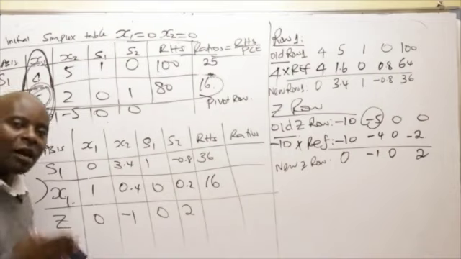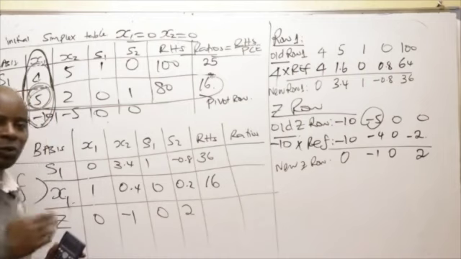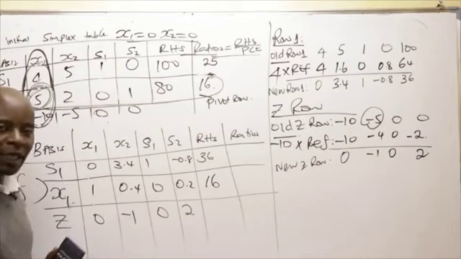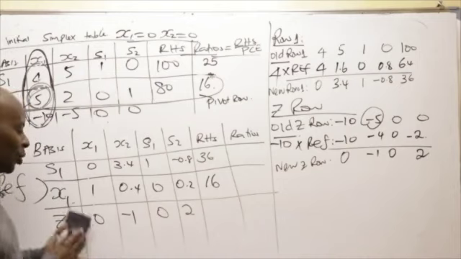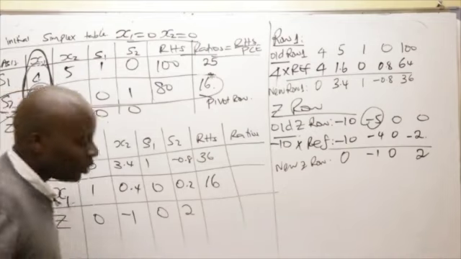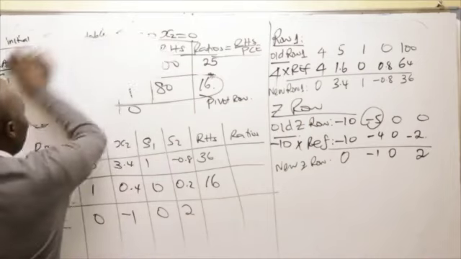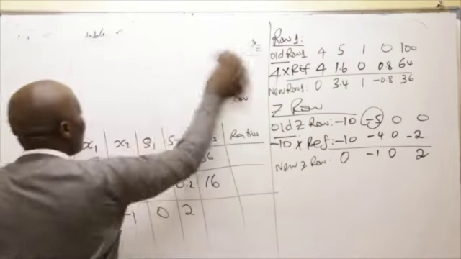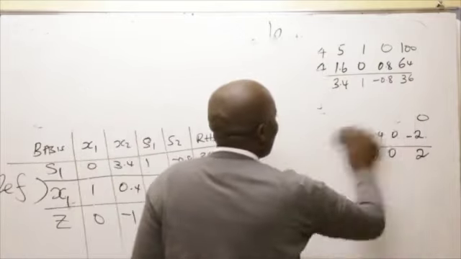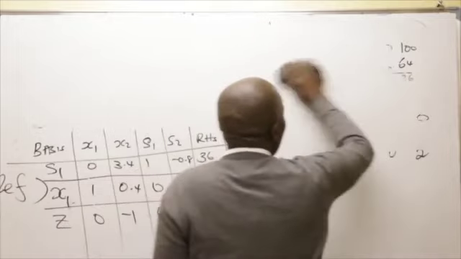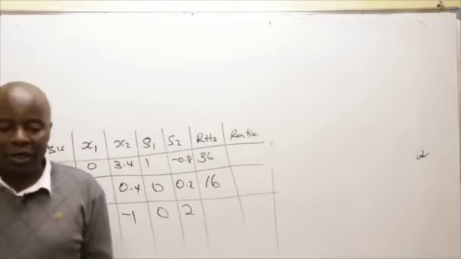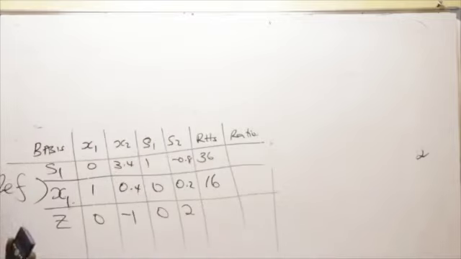We still have a negative Z value. And if we have a negative Z value, the above table is not optimal since we have a negative Z value.